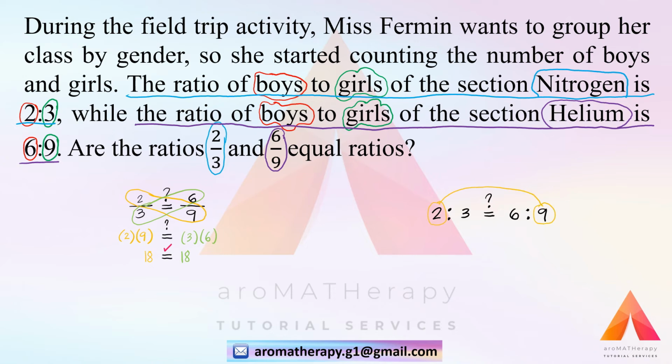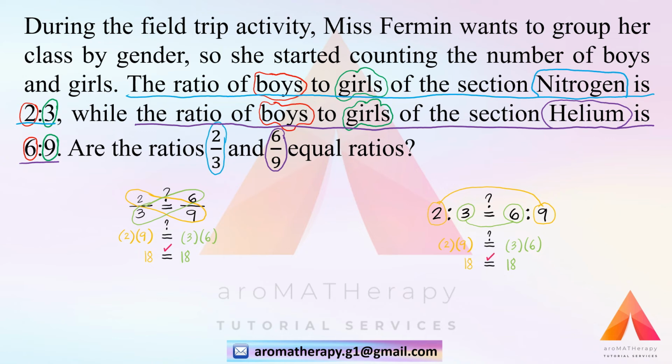This is the extremes. 2 times 9 is equal to 3 times 6. This is the means, the inner term. So 2 times 9 is equal to 18. And 3 times 6 is equal to 18 also. So therefore they are equal.